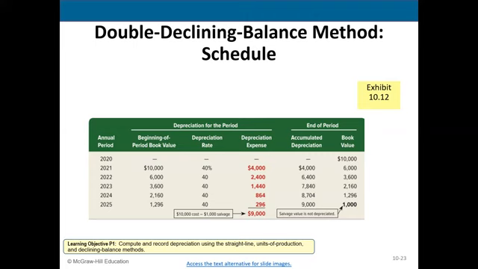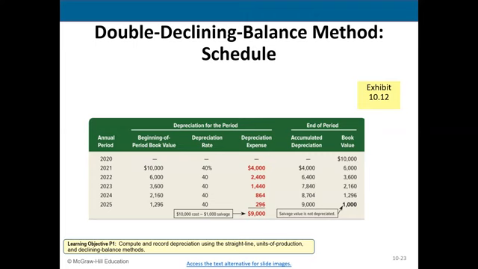I multiply that cost by the 40% to get $4,000 depreciation expense for the first year. In order to find the next accounting period's book value, I take the initial book value, 10,000, minus the 4,000 that I already depreciated. That gets me a book value of 6,000.